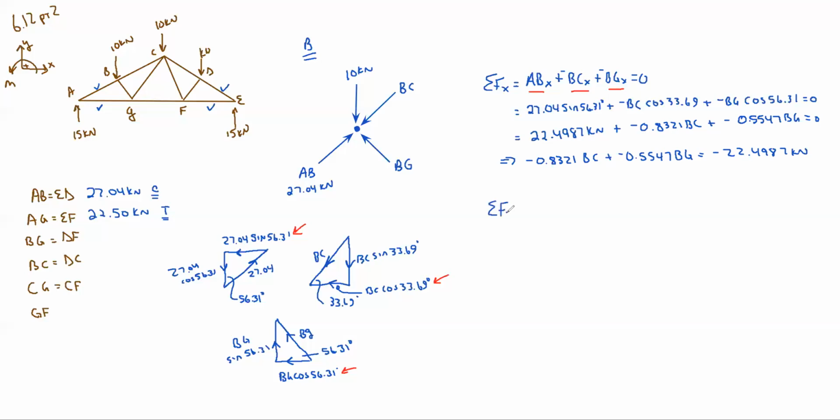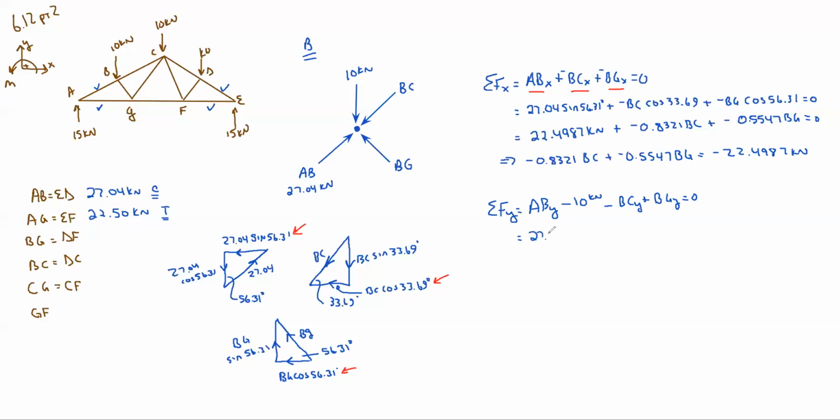Our other equilibrium equation is summation of forces in the y direction. There are four this time. So we've got AB in the y direction. We've got negative 10 kilonewtons in the y direction. We've got a negative BC in the y direction, and we have positive BG in the y direction. ABY we know.